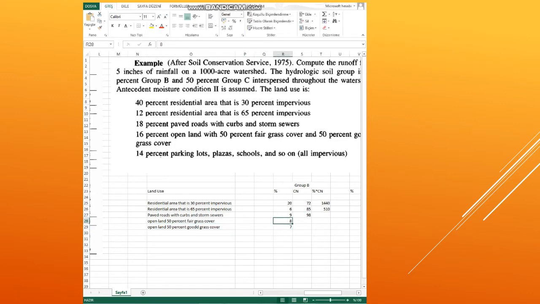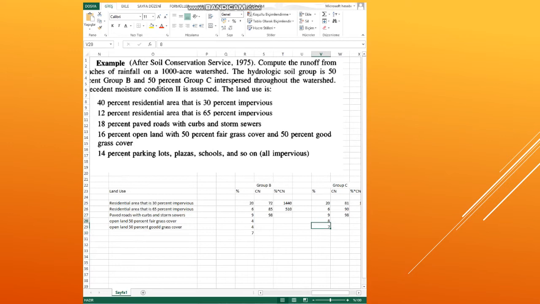So instead of 8% we need to make it 4% here and 4% here, then after that 7% here. 4%, 4%, 7%, because it was 16%, so 8% for 50% fair grass, so half of them fair grass, and half is group B and half is group C.